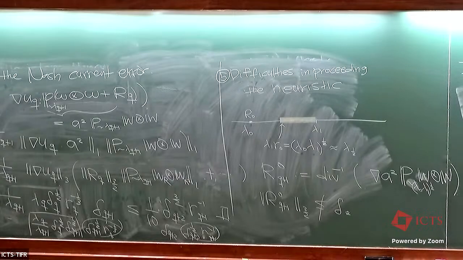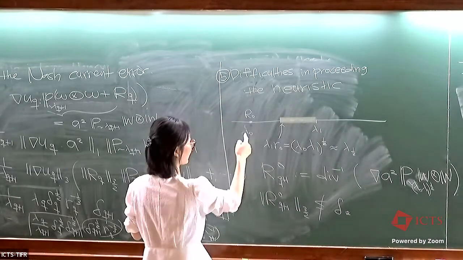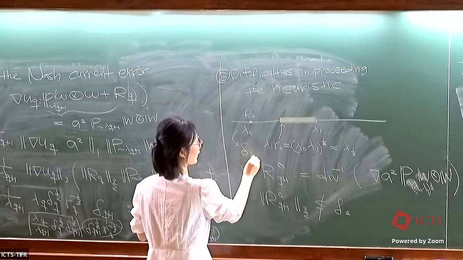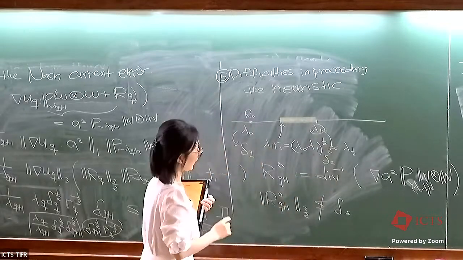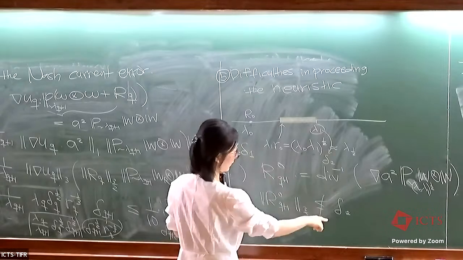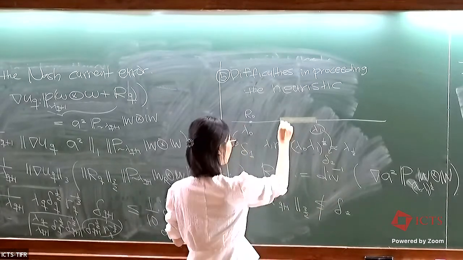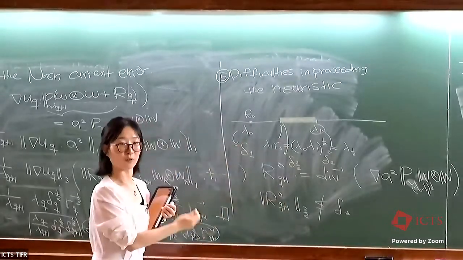But the observation is the following. What's the size of the error here? We want the size of the error to be delta 1. And here we want the size of the error to be delta 2. And we are considering error at the frequency in between. Perhaps if we can get the size of delta 3 over 2, this looks okay.